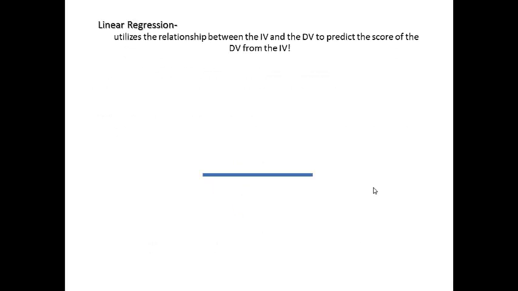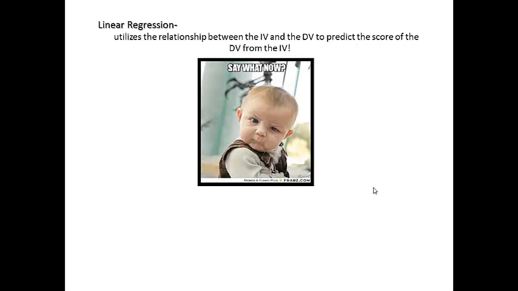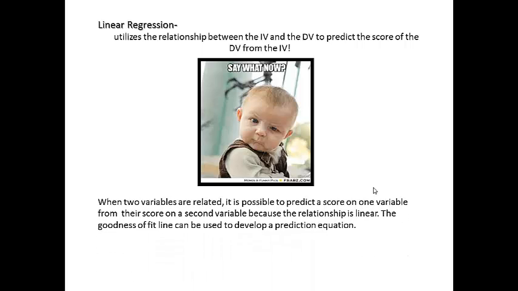Linear regression, or prediction, utilizes the relationship between the independent variable and the dependent variable to predict the score of the dependent variable from the independent variable. Let's say that again a little more slowly. When two variables are related, it's possible to predict a score on one variable from their score on a second variable because the relationship is linear.